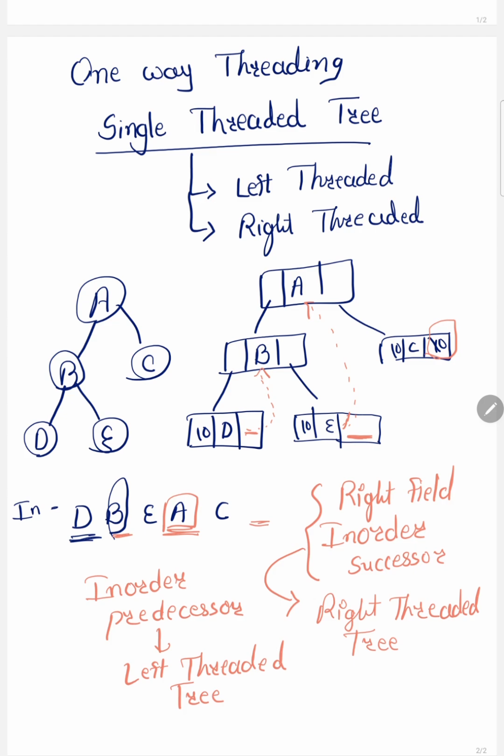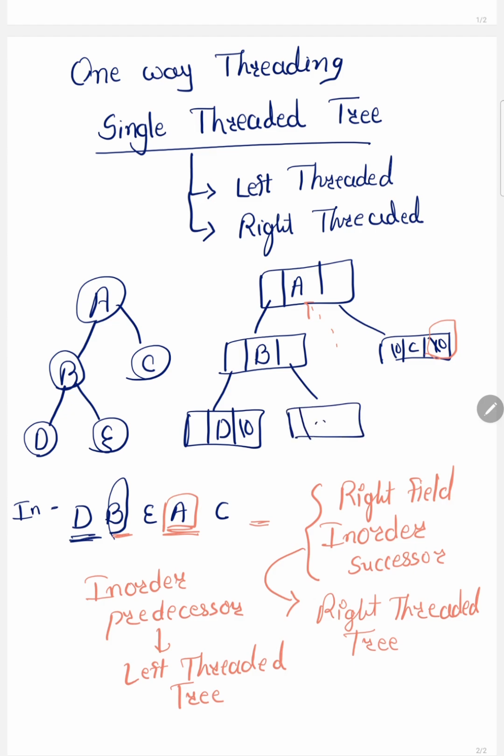So here you can see that if we do that, I'll make the change here only. Here we have this D, here we have null, right?